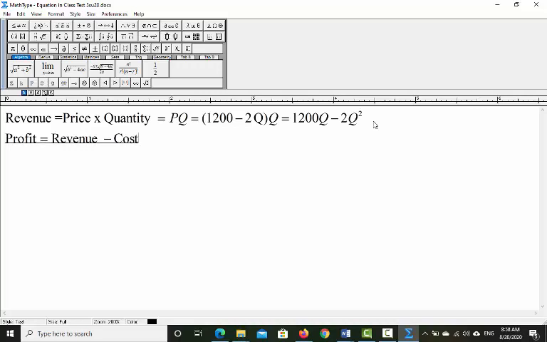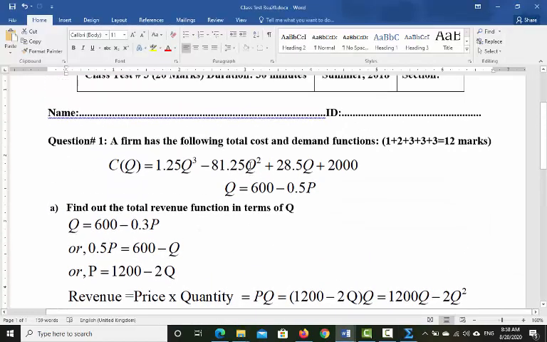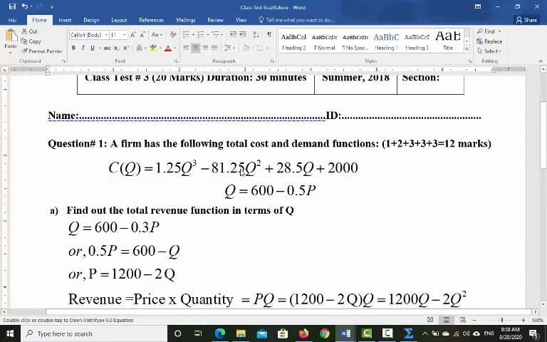So profit is equal to revenue minus cost. Here revenue is 1200Q minus 2Q square, this is the revenue function, minus bracket cost function.